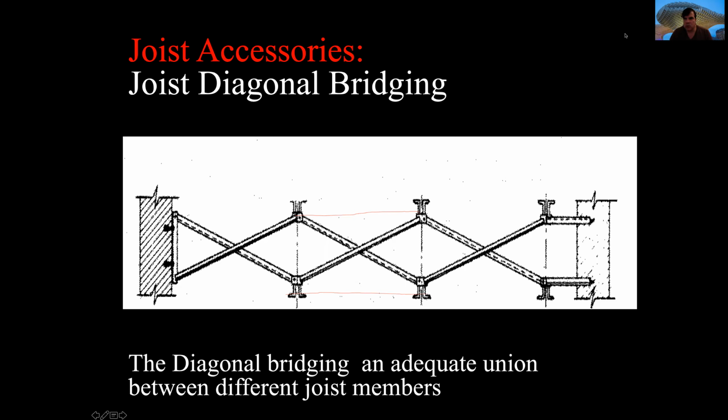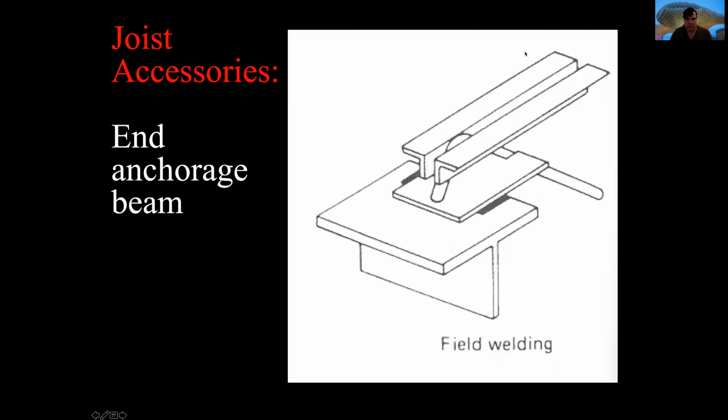Bridging could also connect the top member with the bottom member and be united in the center, and that will create a much more stable system, which is something important in this particular material.